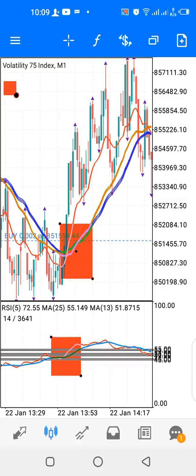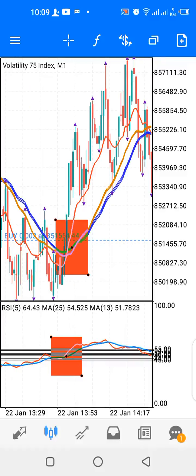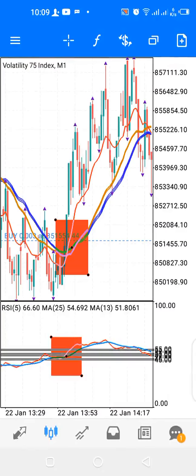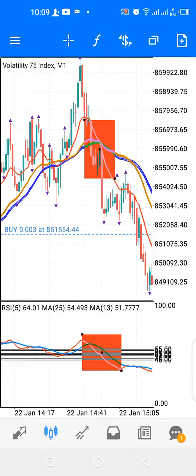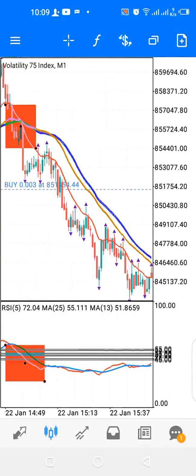Like you have a cross up above here, you have a buy signal, and if you also have a synchronization of a buy signal on the main chart, you can place your buy trade. Same thing happens for a sell trade, like you have around here. Place your sell trade.